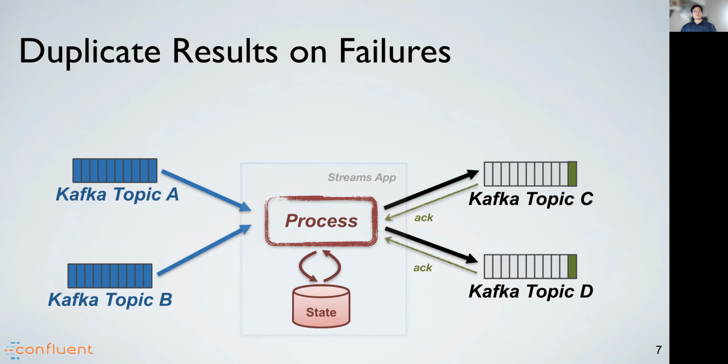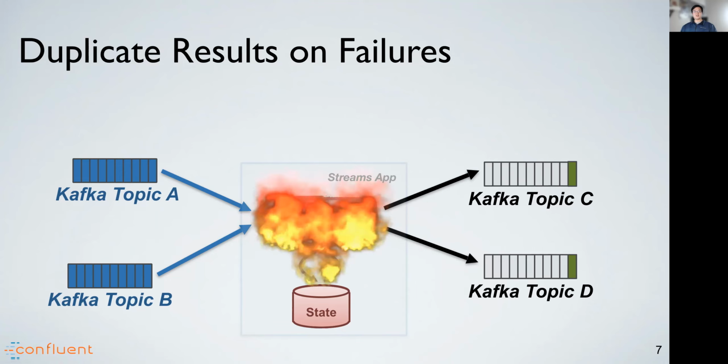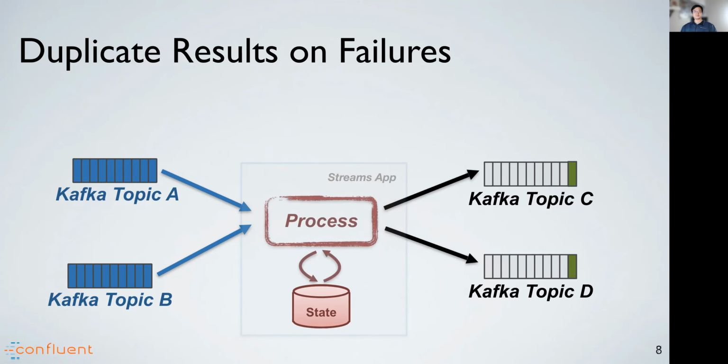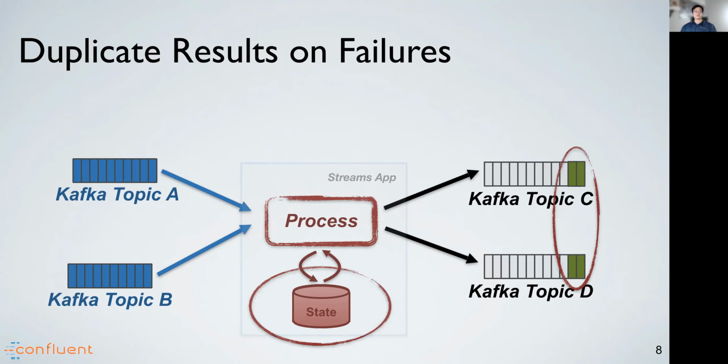Imagine that in the above process loop, right before the input record is committed, the process crashed. Then upon recovery, this record will be fetched and processed again because the commit was lost due to failover. And hence, the output records will be emitted twice and the states updated twice, generating duplicated results.